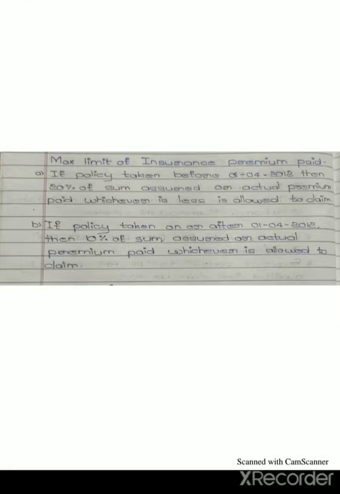But there is also a maximum limit on the insurance premium paid. If the policy is taken before 1/4/2012, then 20% of the sum assured or the actual premium paid, whichever is less, is allowed to claim.